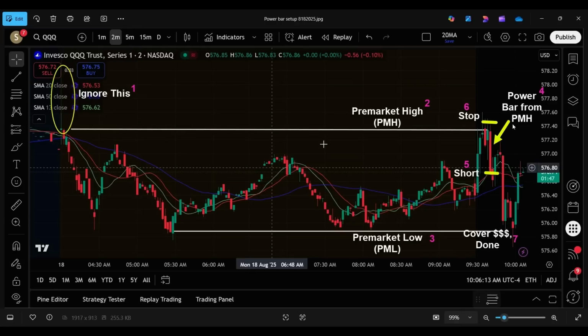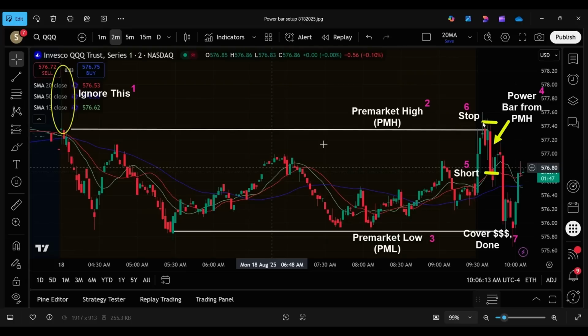So that's step 4. The power bar is here. When that power bar closes, that's the short, because the setup requires entering in the direction of the power bar that forms at the pre-market high. So that's where the short is entered.